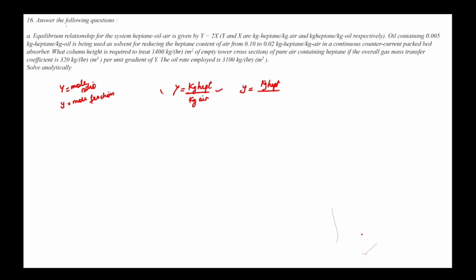This is the mole ratio of heptane, and this is the mole fraction of heptane: kg heptane per kg mixture, and the mixture is heptane plus air. So if I want to write the mole fraction, I will write kg heptane divided by kg heptane plus kg air.